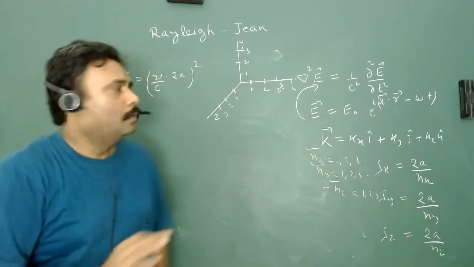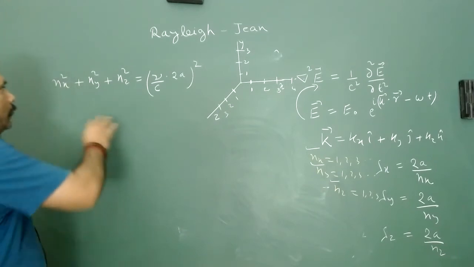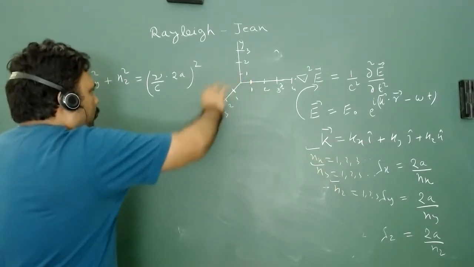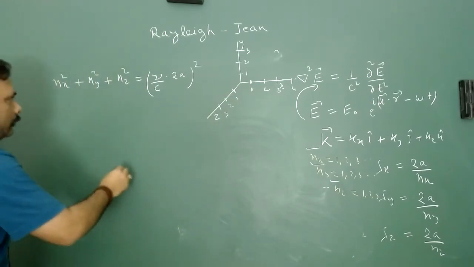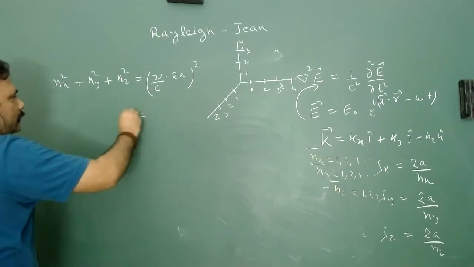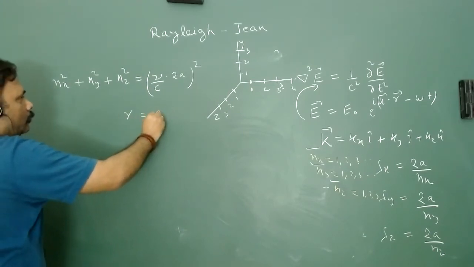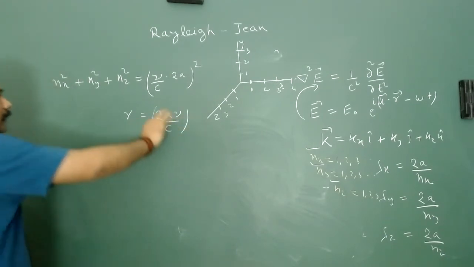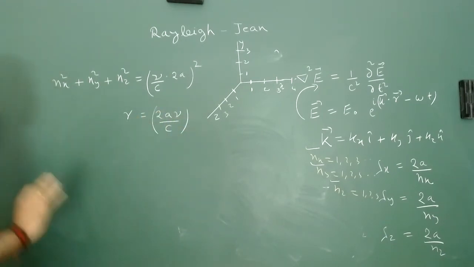Now, if we are calculating the possible number of volume, what will be the radius? The radius is very interesting. This radius is 2a nu upon c. What is the meaning of that?